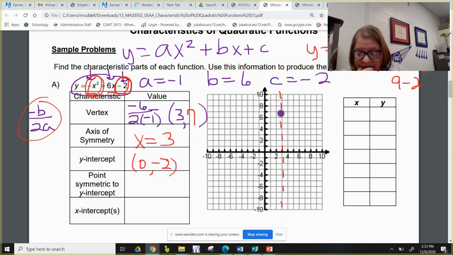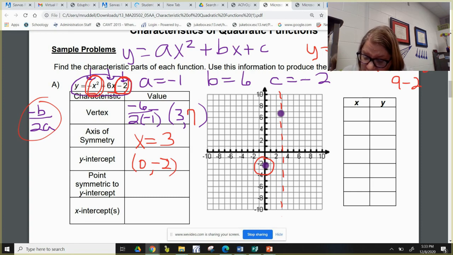Okay. What else have we got? The y-intercept is 0, -2. Now I need a point symmetric to the y-intercept. So think about this is -2, right? How far is that from that dotted line?